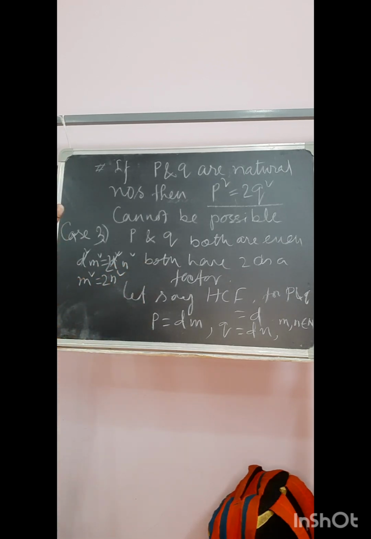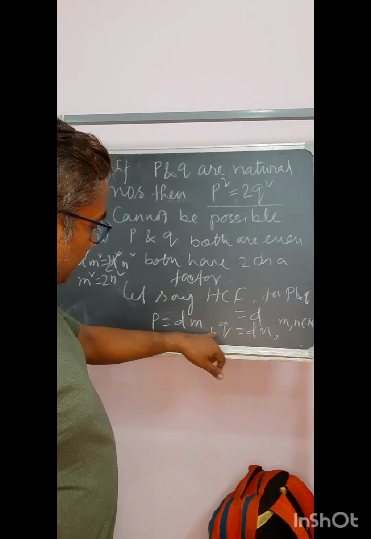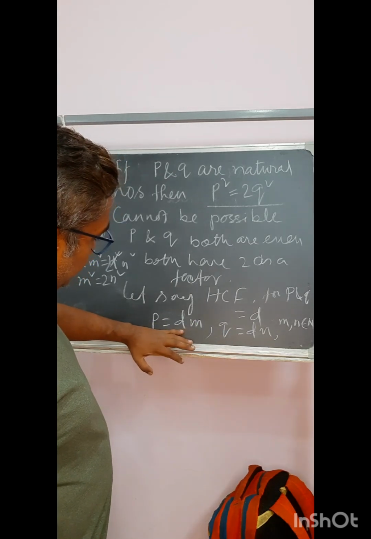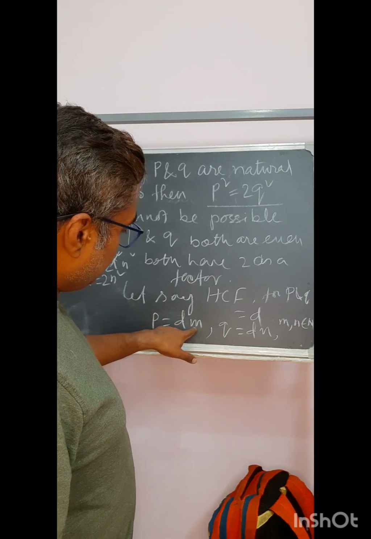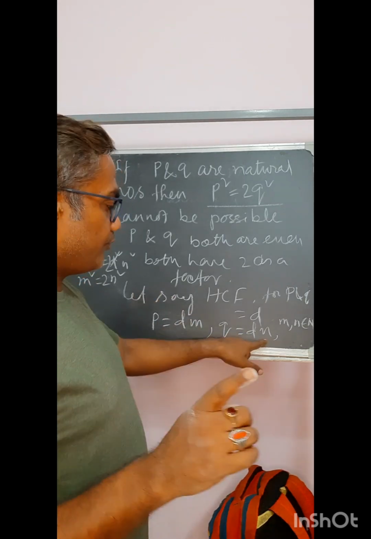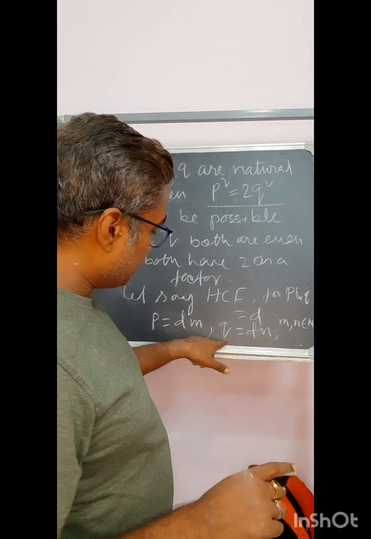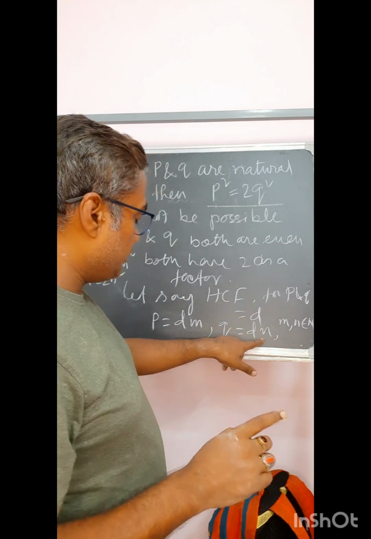Now as I have taken out D, if I divide both numbers by D, then m and n will have only one common factor, that is 1, because I have taken the highest common factor. After that no common factor other than 1 will remain.